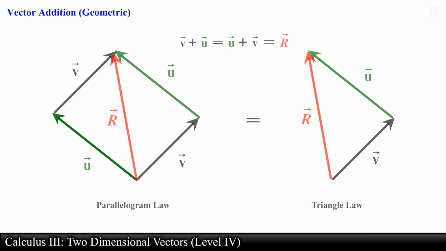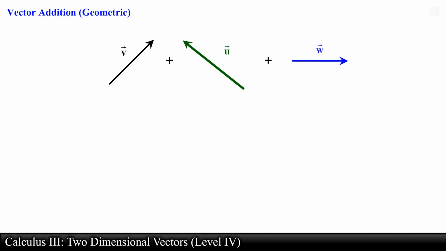If we wanted to add 3 or more vectors, we can essentially just apply each law multiple times. For the most part, it is a lot easier to use the triangle law when adding 3 or more vectors together. For example, if we had a third vector, say vector w, and wanted to find the sum of vector v, u, and w, we would first start with vector v and move vector u so that its tail coincides with the tip of vector v.